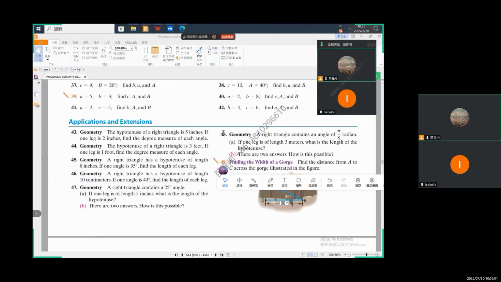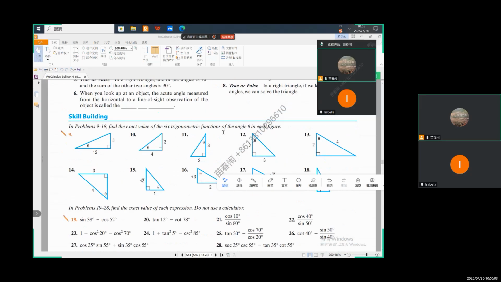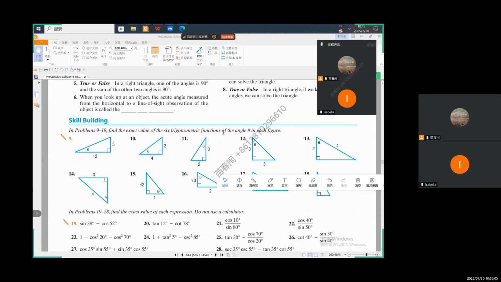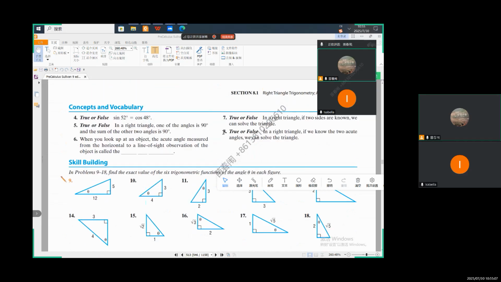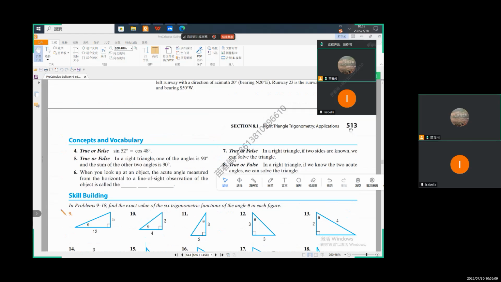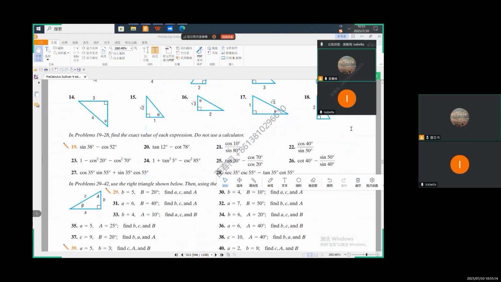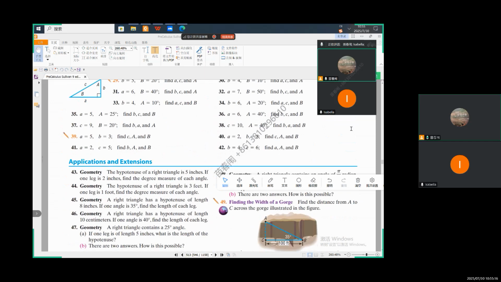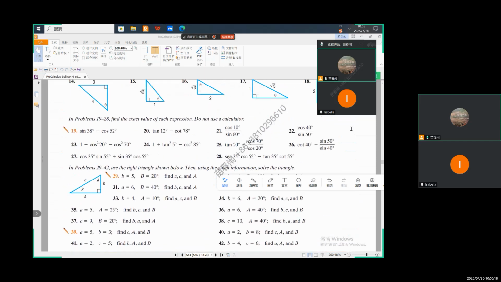Okay, this is the little homework, page 513, questions 19 to 22.